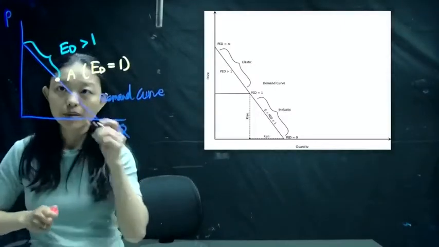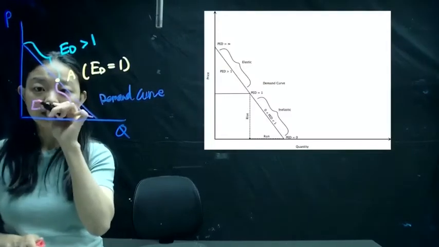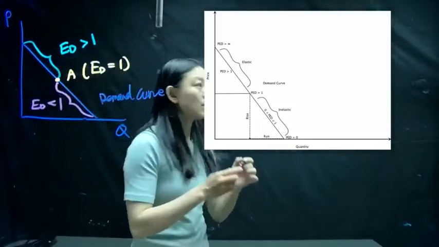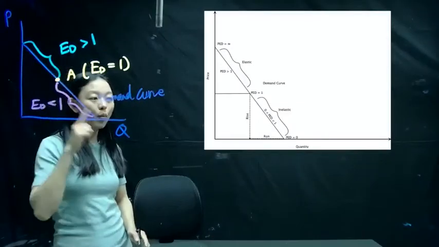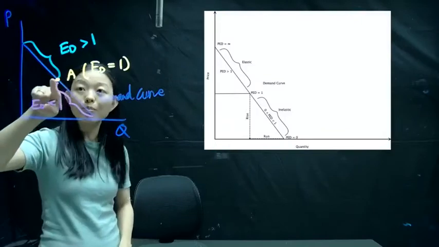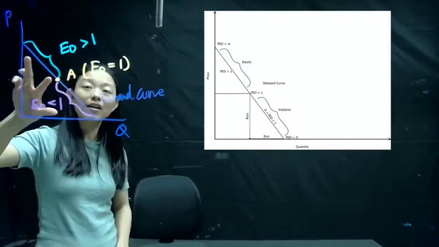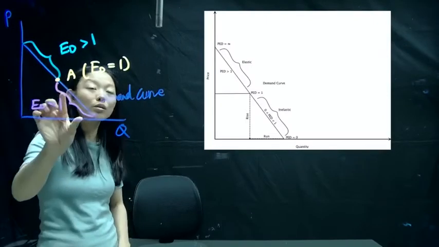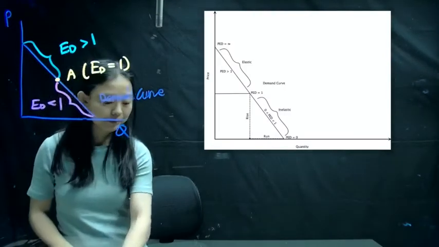Below this point, we will always have demand elasticity less than 1, okay? So this is what happens for one demand curve. From one demand curve, you can always find one point that has unit elasticity. Above this point, demand elasticity is larger than 1. Below this point, demand elasticity is less than 1. Okay?